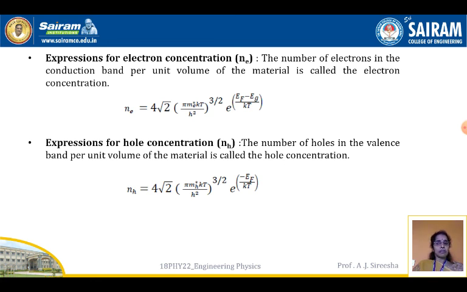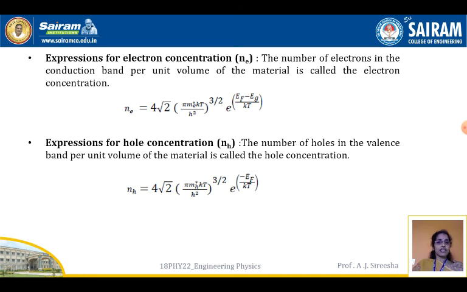Always remember, in a semiconductor there is an energy gap between the valence band and the conduction band. The conduction band is at a higher energy level and the valence band is at a lower level. When an electron moves to the conduction band, a hole is created in the valence band.